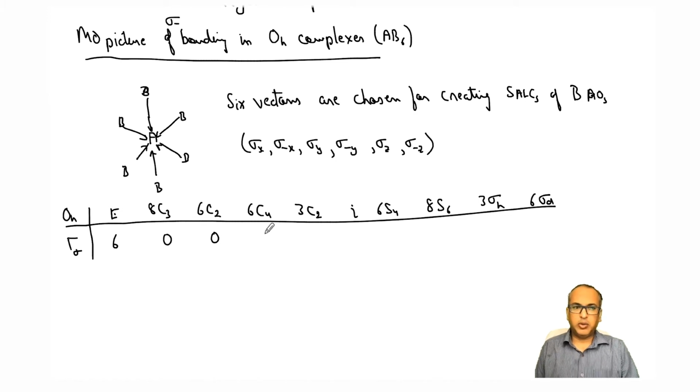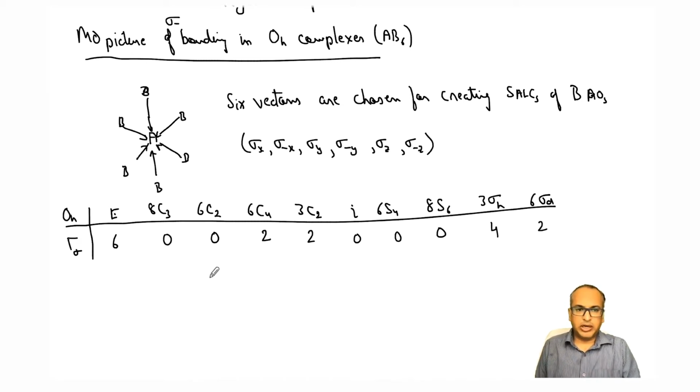C4, 2 of them will not move, opposite vectors will not move, so 2. C2, this is the C2 where again two opposite ones will not move. In I everything will move, S4 everything will move, sigma h 4 vectors will not move which are in plane, so 4. Sigma d 2 vectors will not move, right?